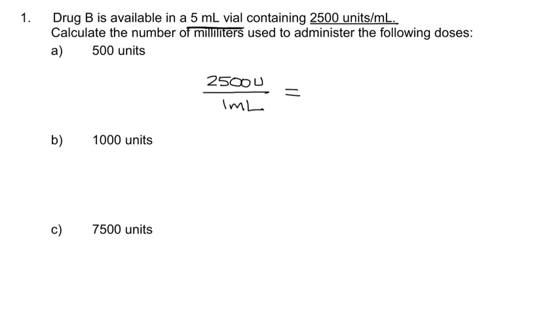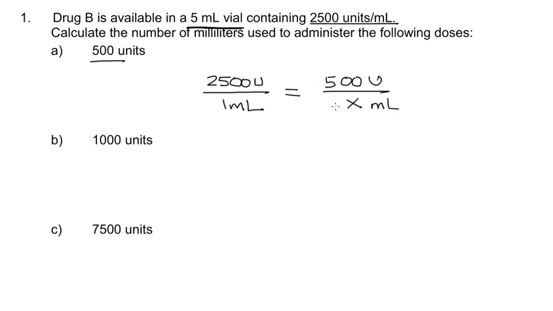But our patient doesn't need 2,500 units. They only need 500. So our question is this. If there's 2,500 units in 1 milliliter, then to give 500 units, I need how many milliliters?